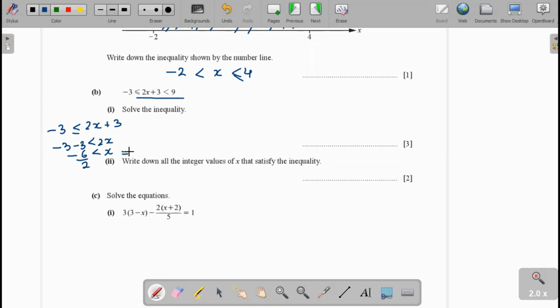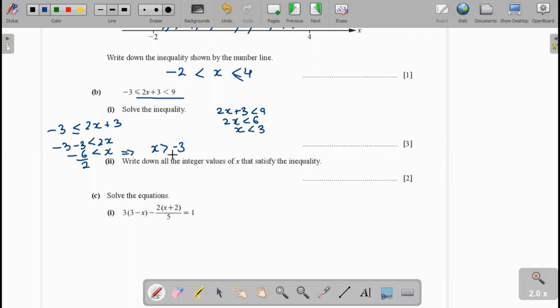We can write it as x is greater than or equal to minus 3. Next, we take 2x plus 3 is less than 9. That value becomes 2x less than 9 minus 3, which is 6. Now x is less than 3.